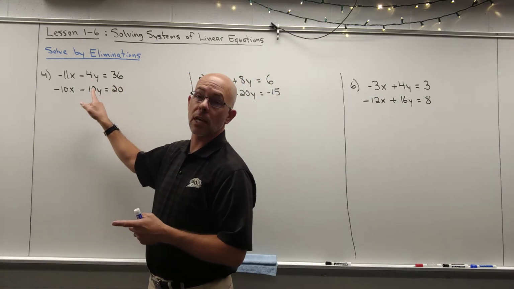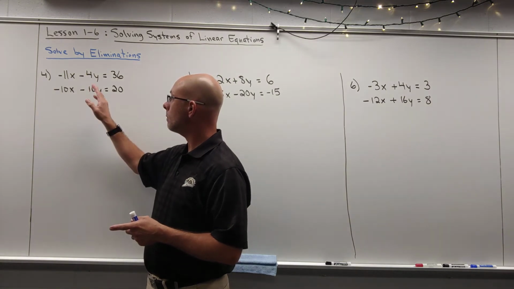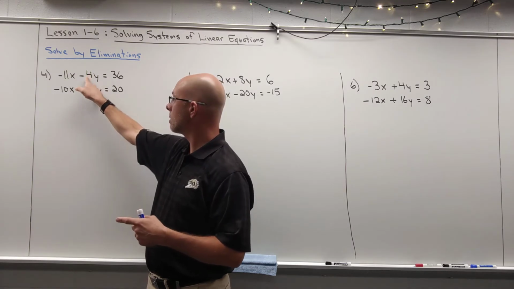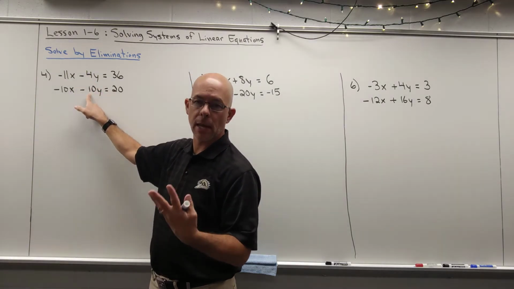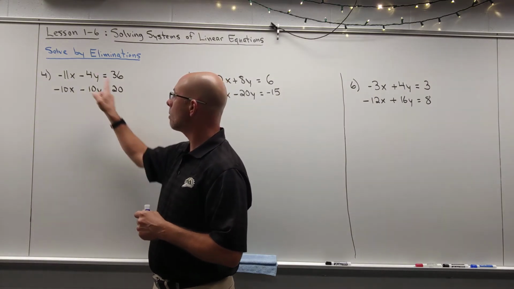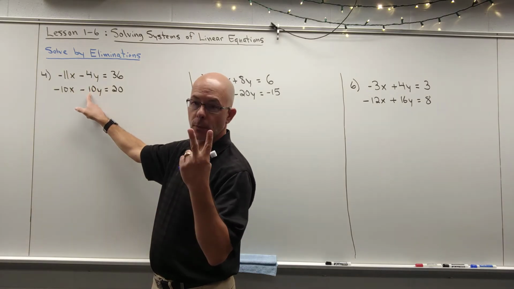Do you understand that I wouldn't have had to choose 10 and 4? Like if I multiply by 10 and 4, 10 makes that a 40, multiplying by 4 makes, I could make those 40 and negative 40. I could have multiplied this one by 5 and this one by 2.